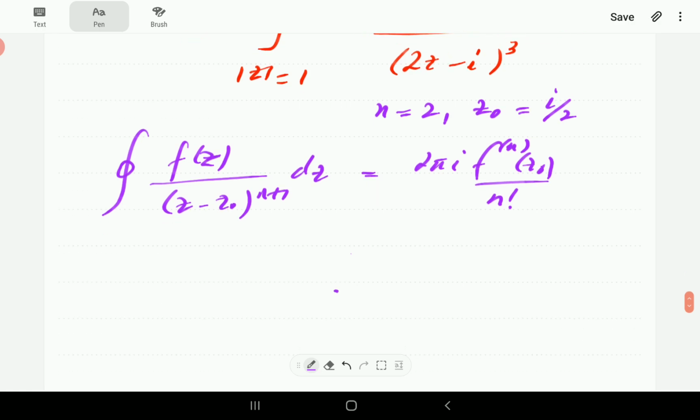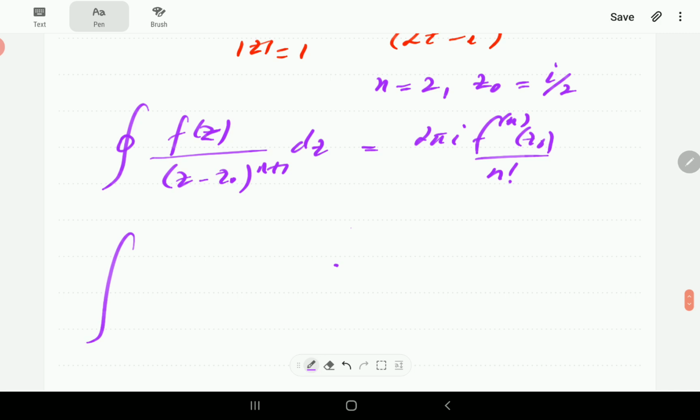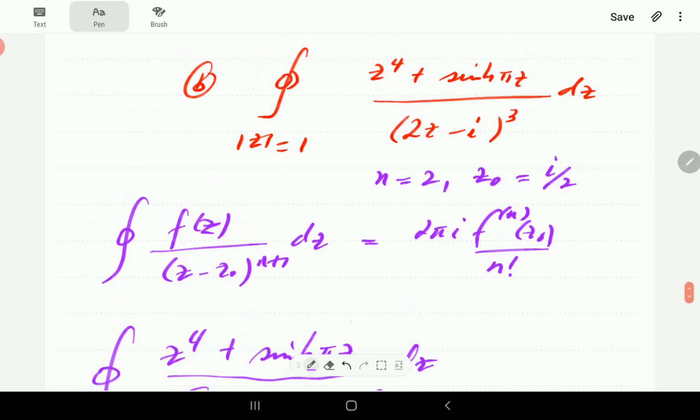So what we're going to need to do here is to factor out the 2. So we're going to have the integral of z to the power 4 plus hyperbolic sine pi z, then we're going to factor out 2. This is to the power 3 dz.